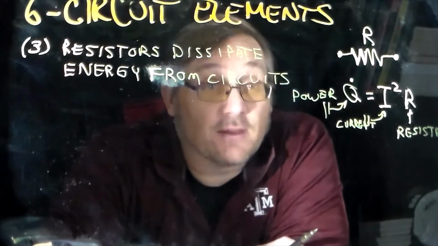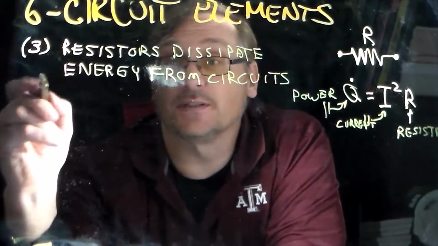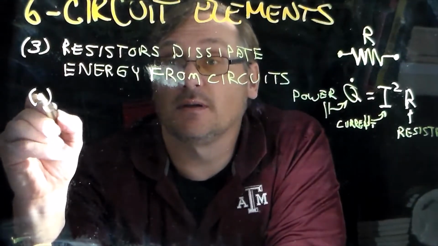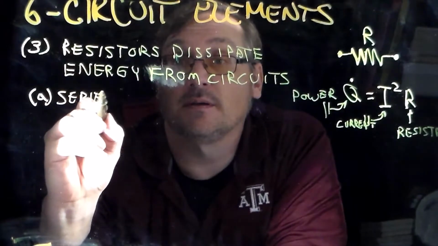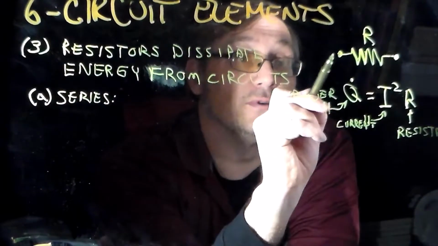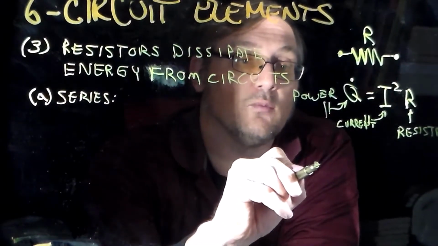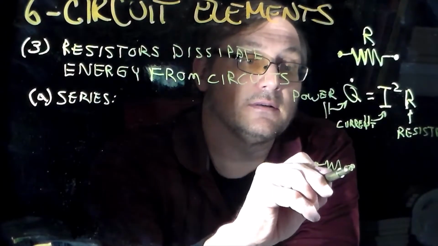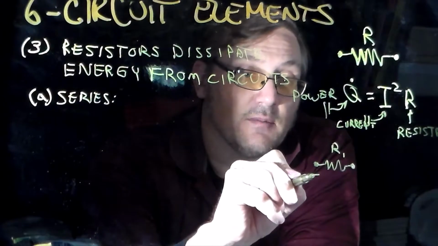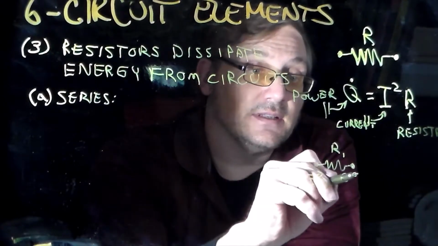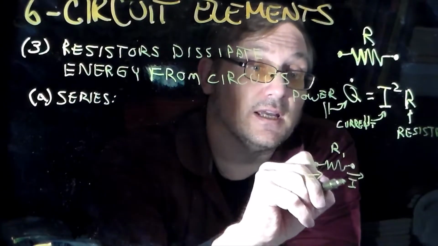So we do the same thing that we did in the previous two examples. First one is what happens in series. If you dissipate energy from R1, the same amount of current that's coming in is still coming out.